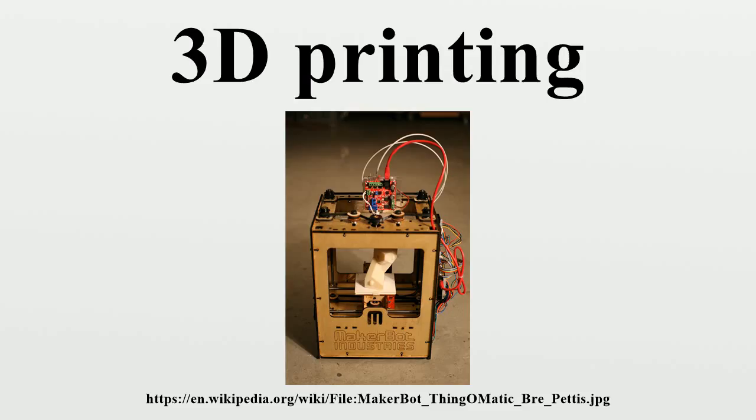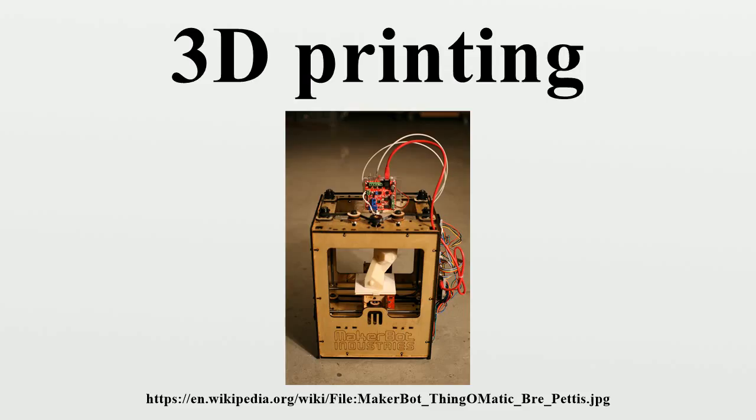Printer resolution describes layer thickness and XY resolution in dots per inch or micrometers. Typical layer thickness is around 100 micrometers, although some machines can print layers as thin as 16 micrometers. XY resolution is comparable to that of laser printers. The particles are around 50 to 100 micrometers in diameter.